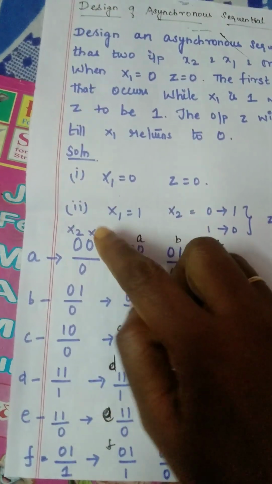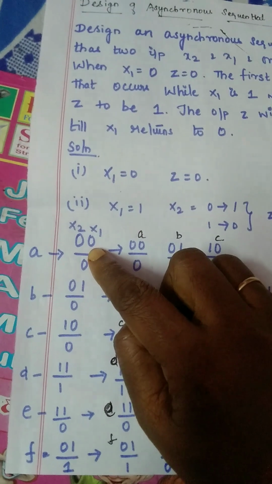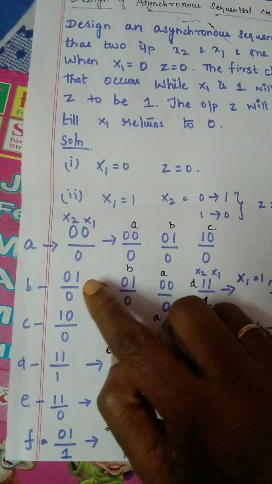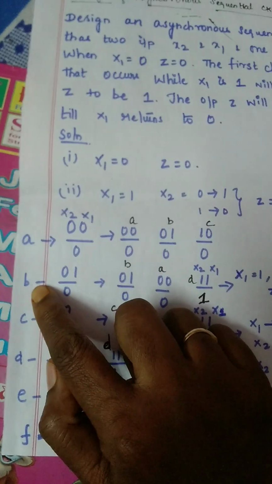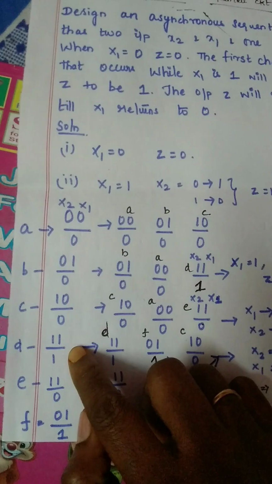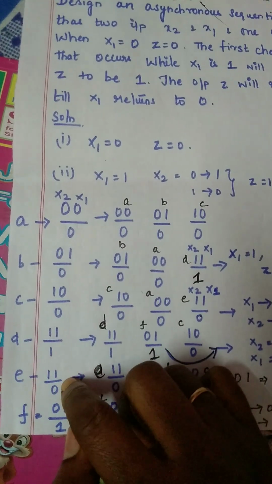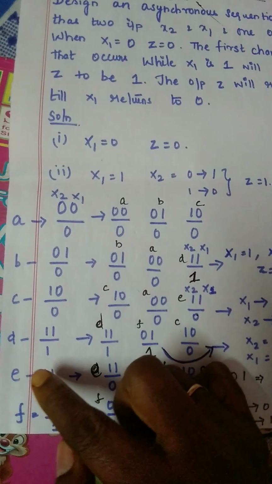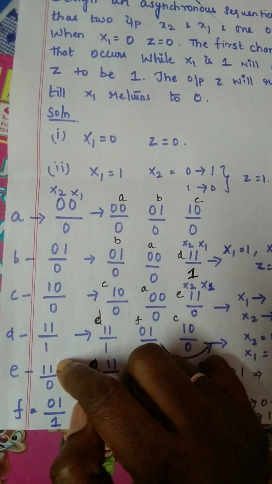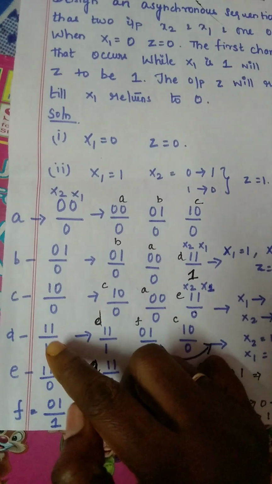So initially this state I have assigned as A, this I have assigned as B, this as C, this as D, this as E. But if you see this, this is also 1 1, this is also 1 1. But if you see the output, this is 1.